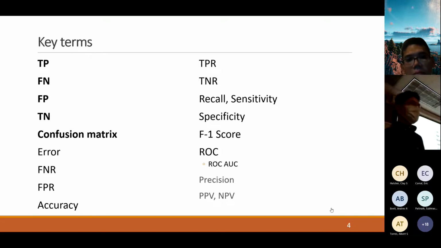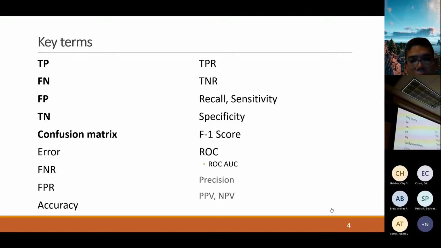False negative, which is an error. But before that, in terms of binary classifications, there are two outcomes that we define, or two labels. Say outcome, say label, say event, these are the same thing. We have positive and negative. Can you explain what a positive event is?